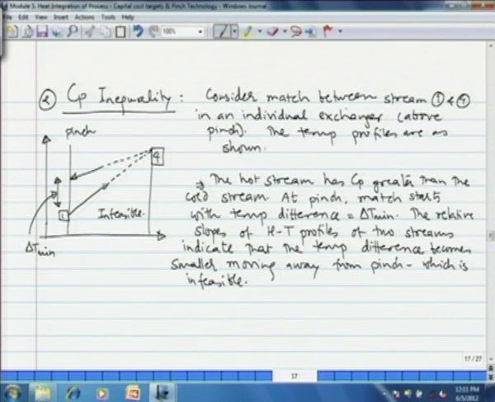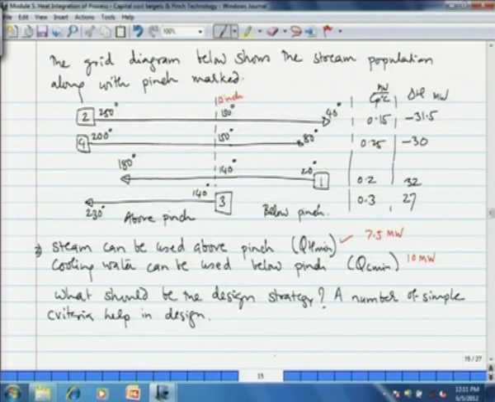That means, as the heat exchange is taking place between hot and cold streams in a heat exchanger, the temperature difference between them should increase. Now, what I show here, consider the match between stream 1 and 4 in an individual exchanger, which is above pinch. Now, what is the peculiarity about 1 and 4?